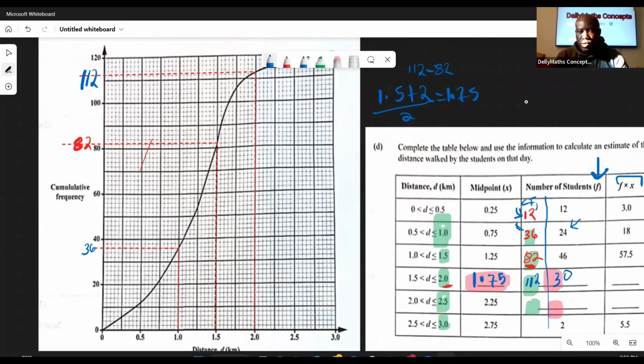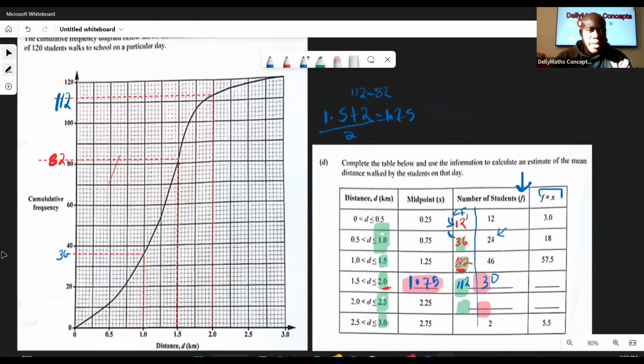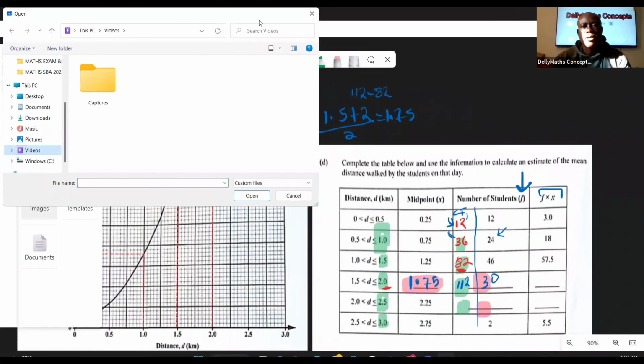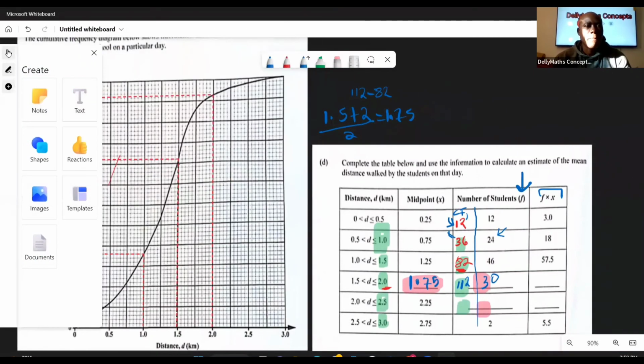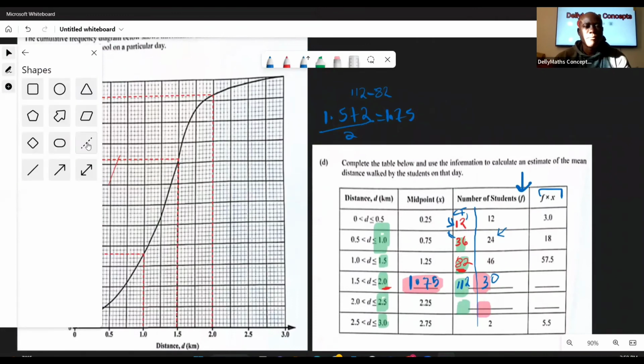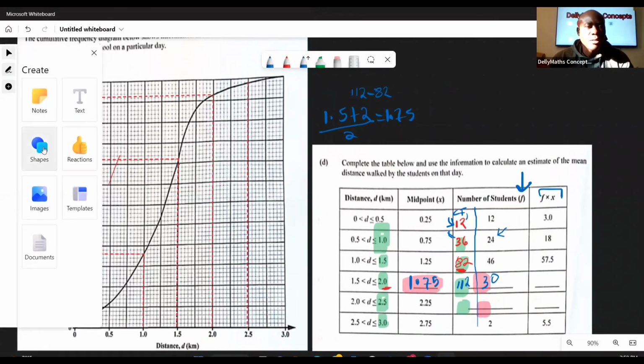The next one, 2.5. We need to go where 2.5 is, take it up right there, and go across.